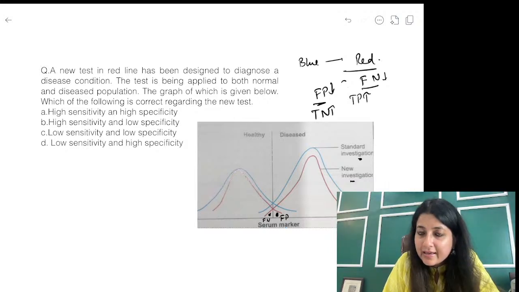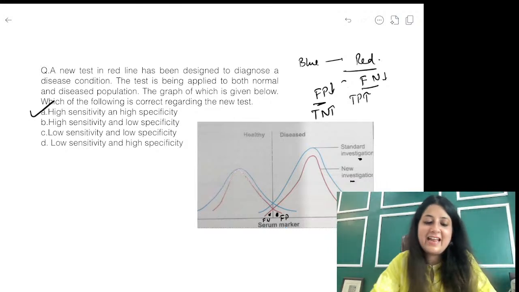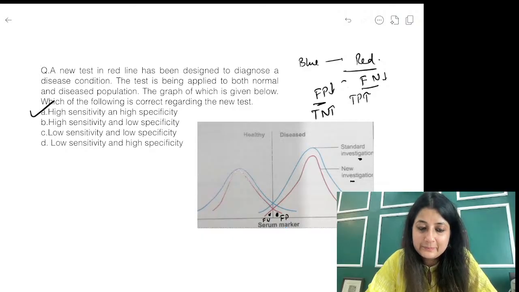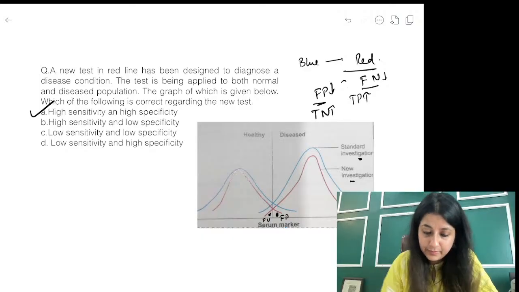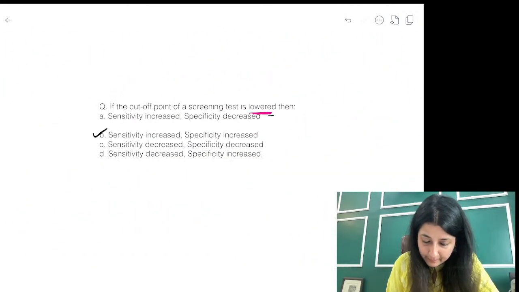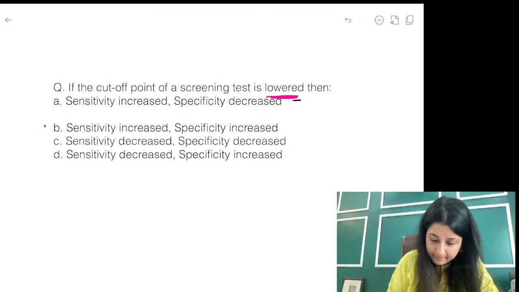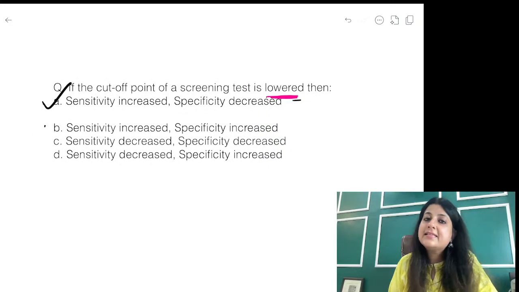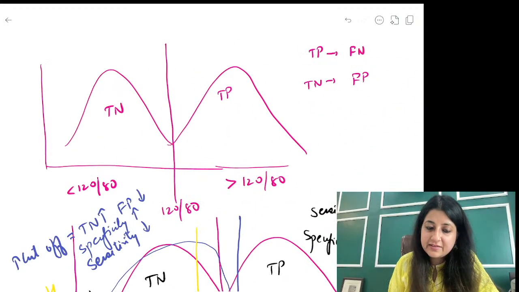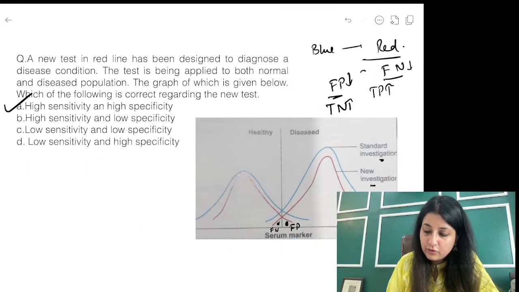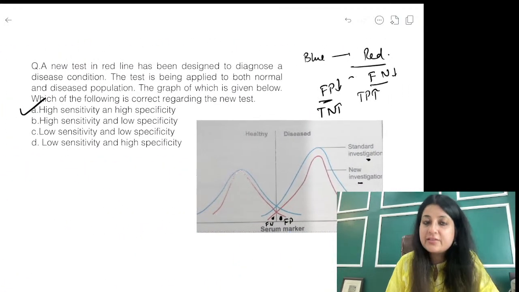So what has increased? High sensitivity and high specificity. I marked the previous one wrong. Oh, sorry. Okay, now look over here, everybody, look at this question.